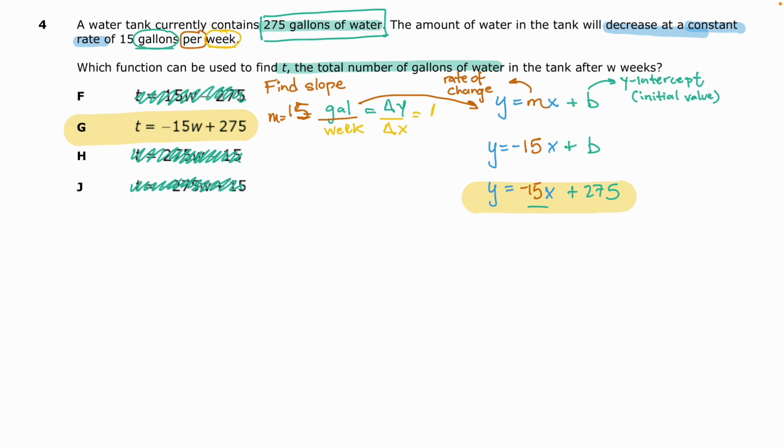So instead of a change in Y, we have a change in T over a change in the tank after W weeks. So weeks is going to be instead of our X's. So when we do this down here, this is going to be T equals negative 15 W plus 275.